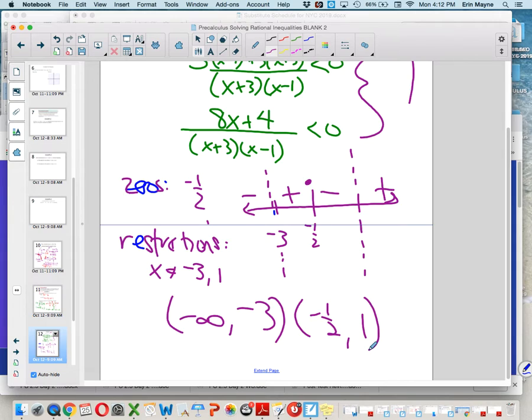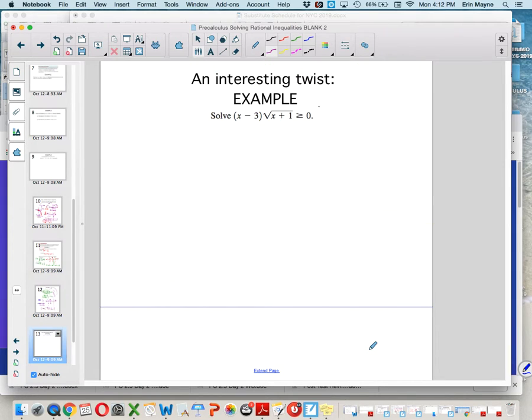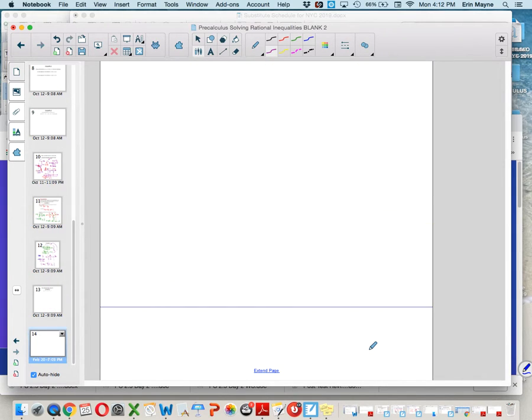Now I want to also comment on the fact that what you should notice here is that with each of these, we have looked at what happens when one side of my inequality is 0. And I want you to go to the back page, and look at tonight's homework, which is the rational inequalities.